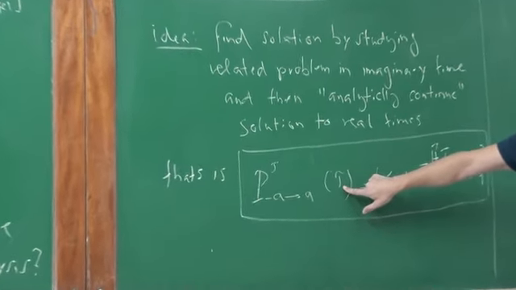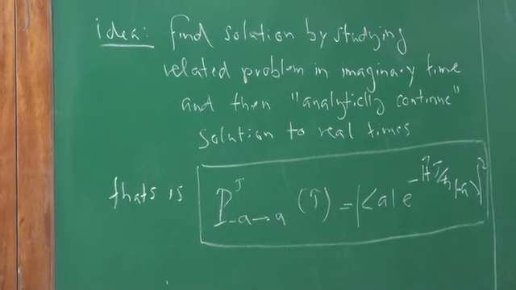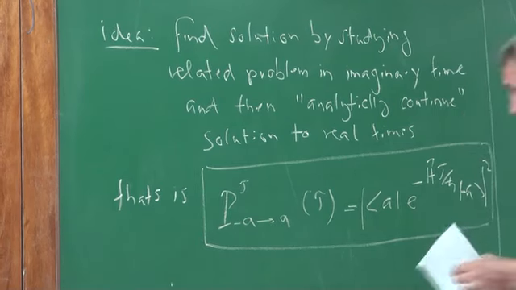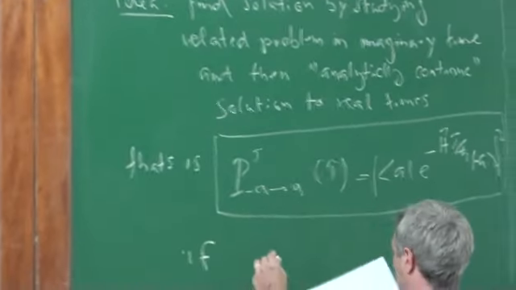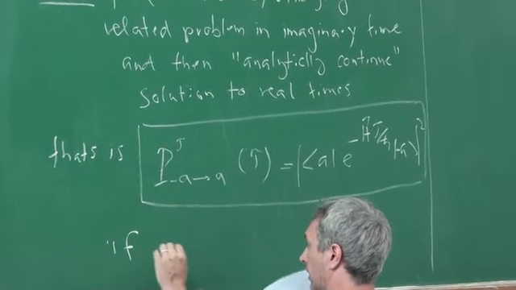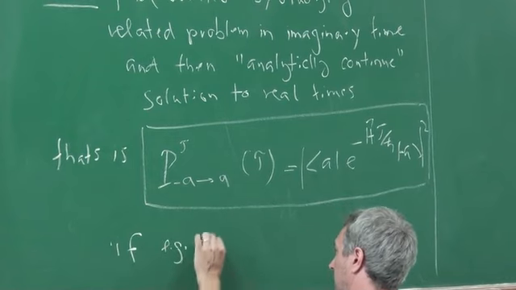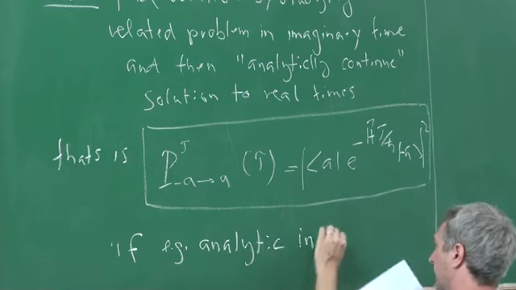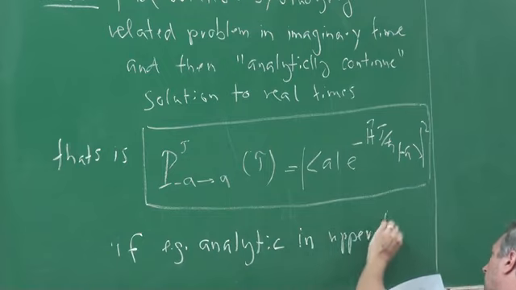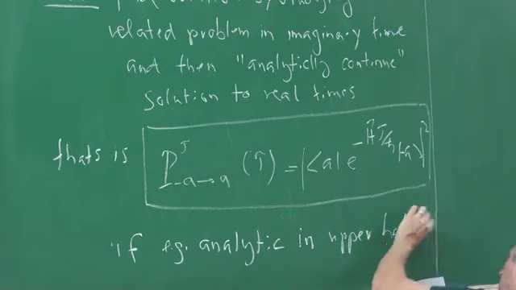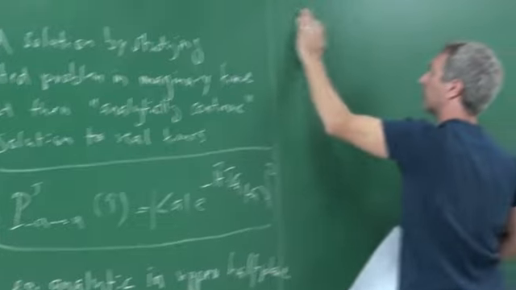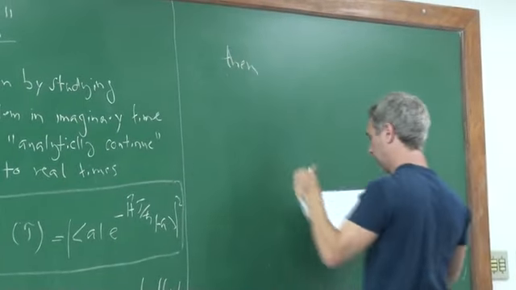And the idea is, well, if this is an analytic function in the upper plane, we can just rotate it back to the solutions we are interested in. So if P, here for example, is analytic in the complex upper half plane, then we can just substitute into the result what we want.